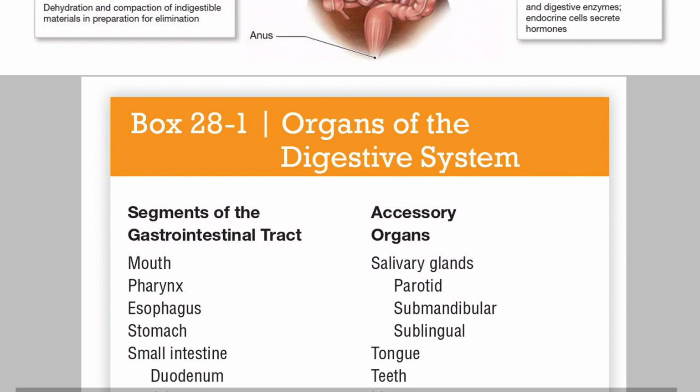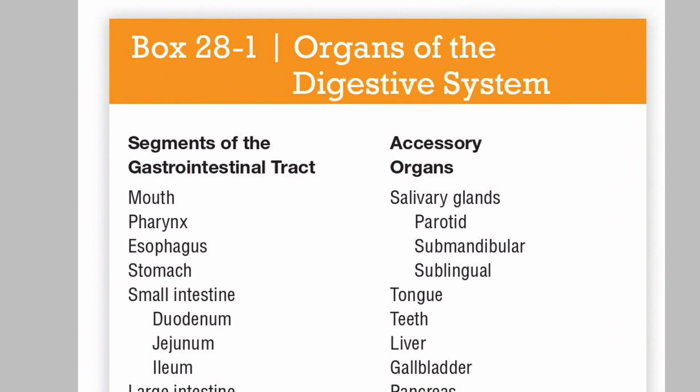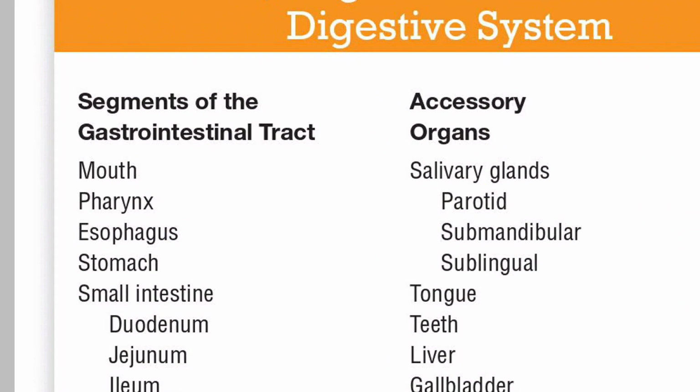Now this is also a useful table, organs of the digestive system. They have divided the organs of the digestive system into two parts. The first part, the segments of the gastrointestinal tract, and the second, the accessory organs.